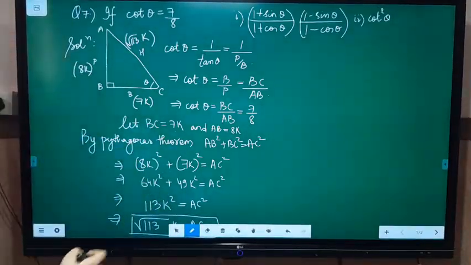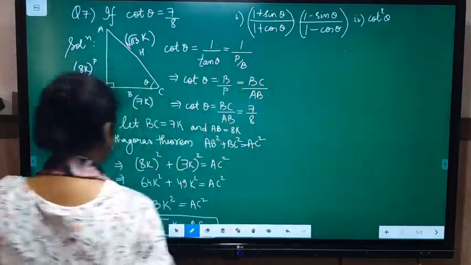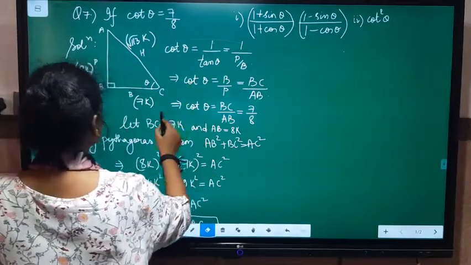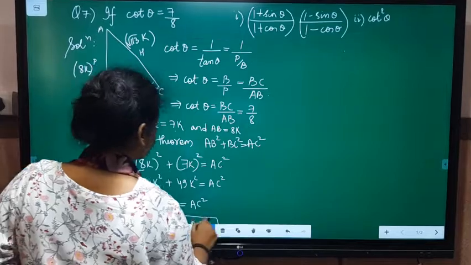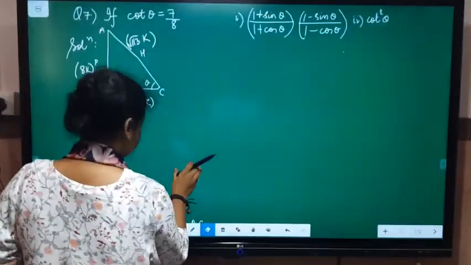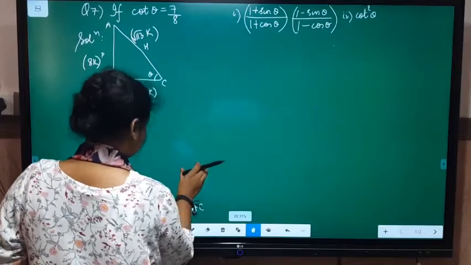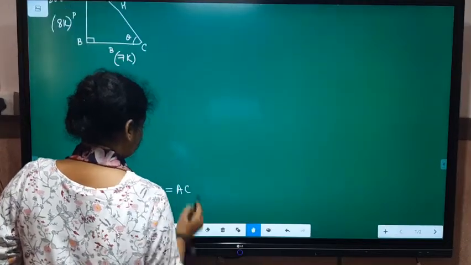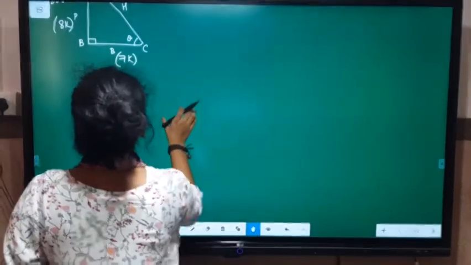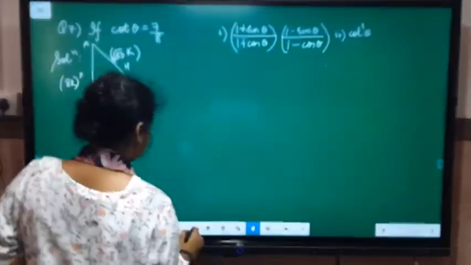Now we have to evaluate this value, right? So what are we going to do? We have to evaluate this value.